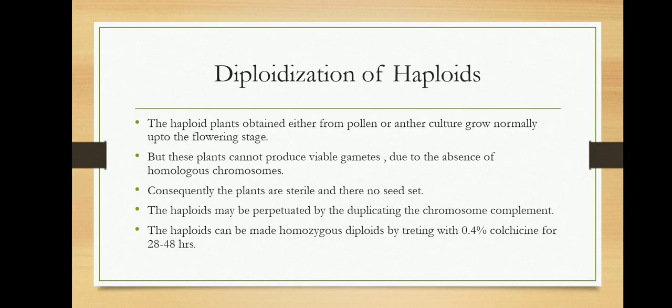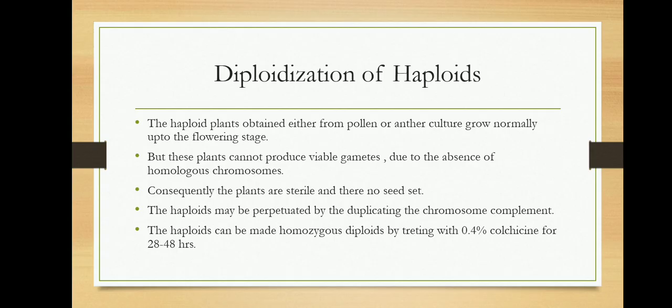These haploid plants may be perpetuated by duplicating the chromosome complement. For the duplication of chromosomes, we have to treat the haploid plant with 0.4% colchicine for 28 to 48 hours.